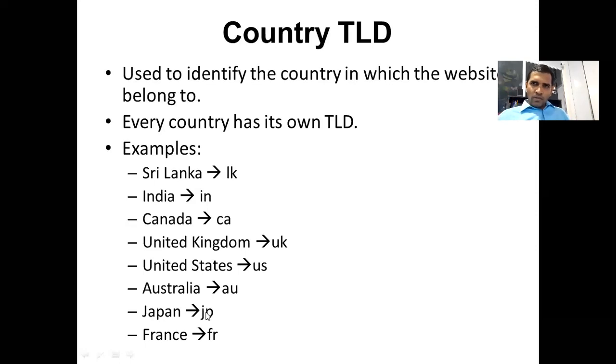So now, if you want to show your supermarket to the people on a country basis, you can register your domain name as www.smartsupermarket.lk, because in this instance you want to show your domain name to the people in terms of country. So now you have to approach the relevant authorities to get the LK TLD. I will show you how to contact and get it. So LK is the idea.